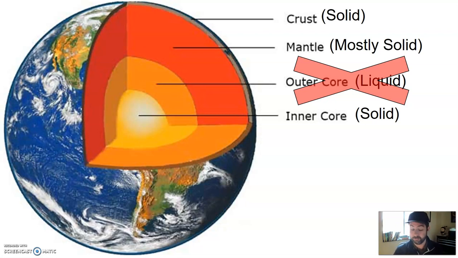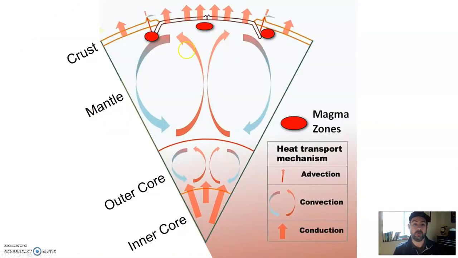So where does molten rock come from? Where does this liquid, molten, hot, melted rock come from? It comes from just between the mantle and the crust. Due to mantle convection in plate tectonics, you'll get some small magma zones, areas where the crustal or upper mantle material will melt.